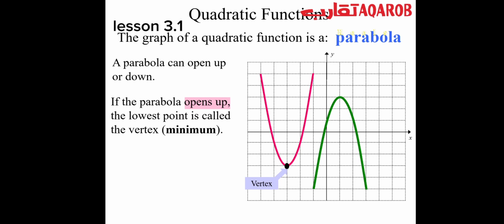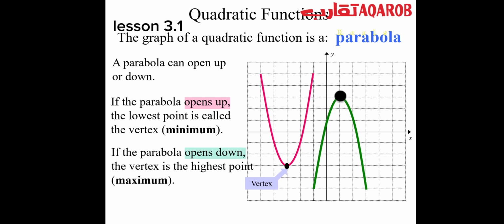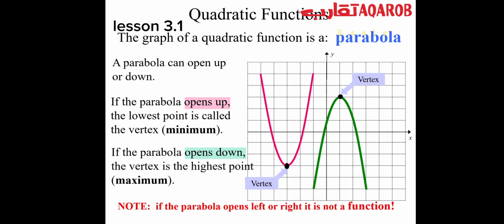If it's open up, the lowest point is called the vertex, and we can see here that the vertex is the minimum value of all of the points on the graph. And if it's looking downward, the vertex is the maximum value of all of the points on the parabola graph.